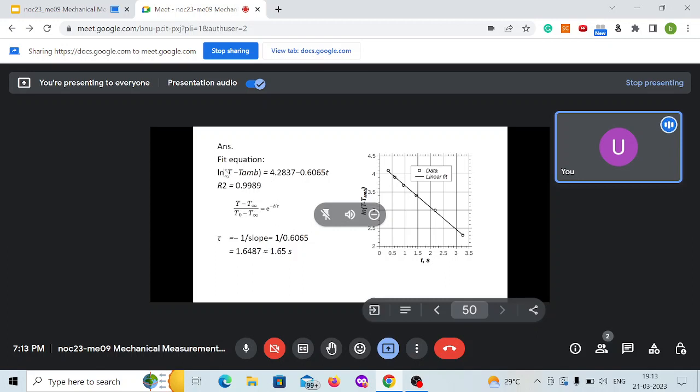So in this case you have ln of t minus t ambient, which is the y. So a is minus 0.6065 and b is 4.2837. Since 4.2837 is ln of theta naught, theta naught is the maximum value it can have.